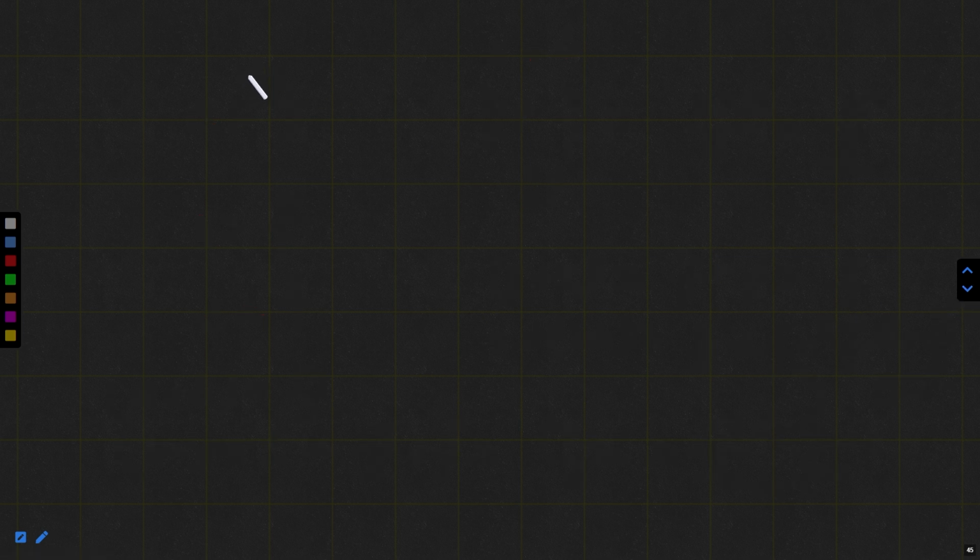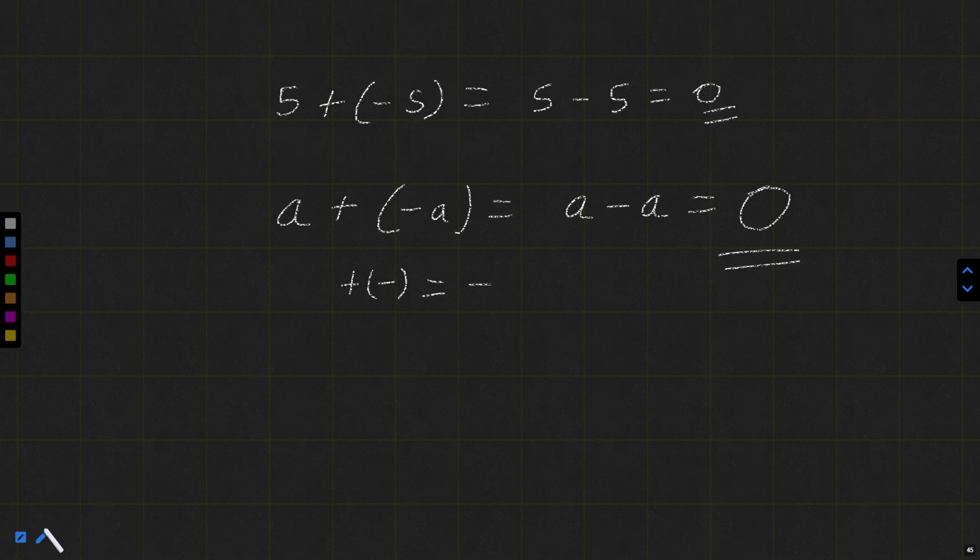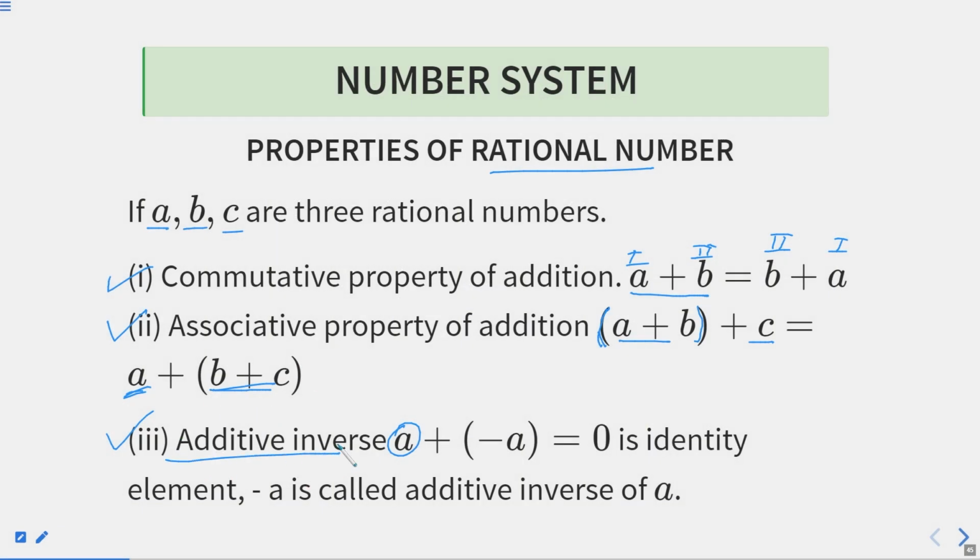If a rational number is given, for example 5, then adding minus 5, what will we get? We will get 0. So a minus a is 0, so we always get 0.